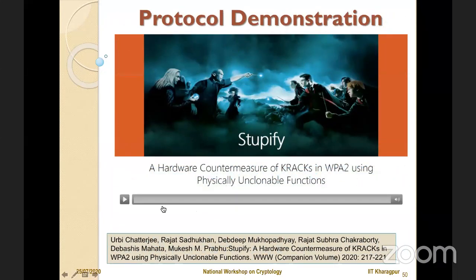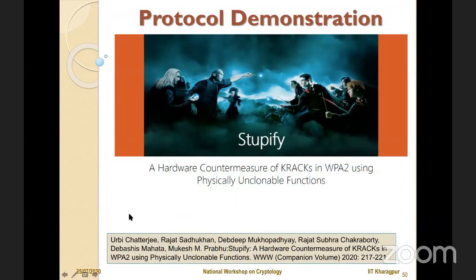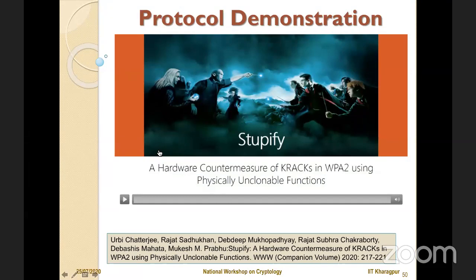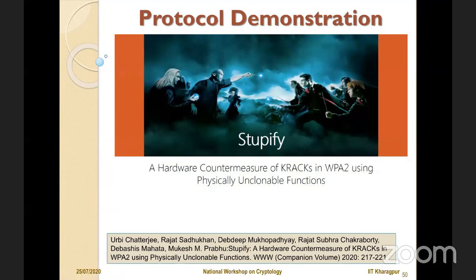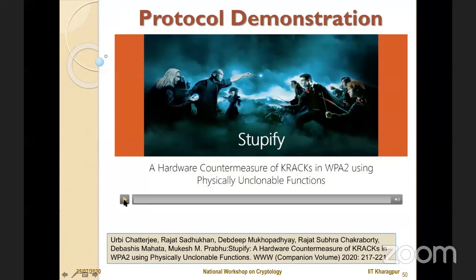Before I conclude, here is a demonstration of how the PUF works in the real world. There is a very famous attack recently proposed on WPA2, which is a wireless protocol, called KRACK. This is an example of a replay attack, and we show how the PUF can be utilized to protect against this attack.